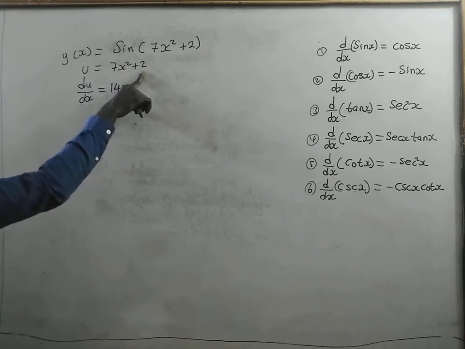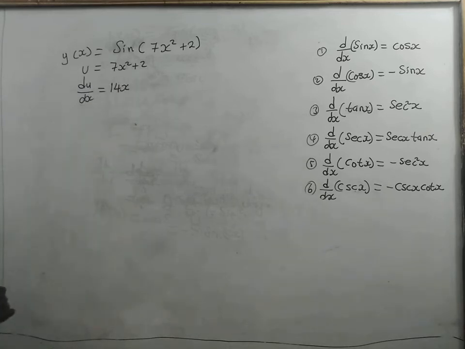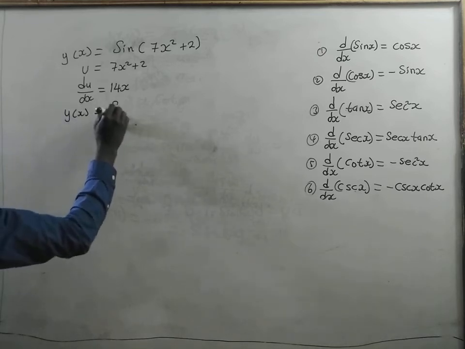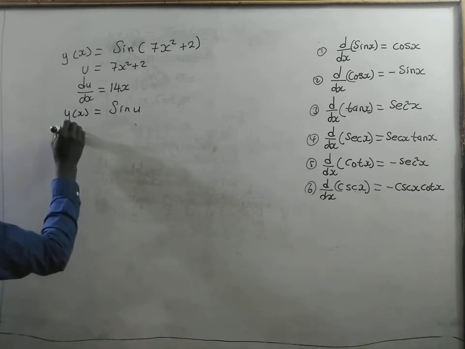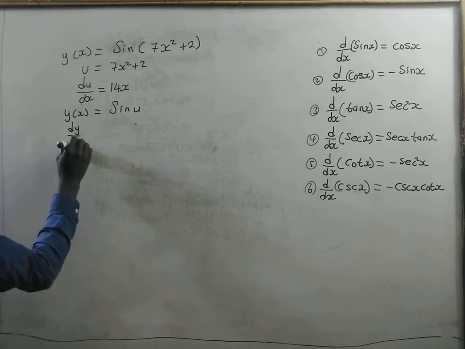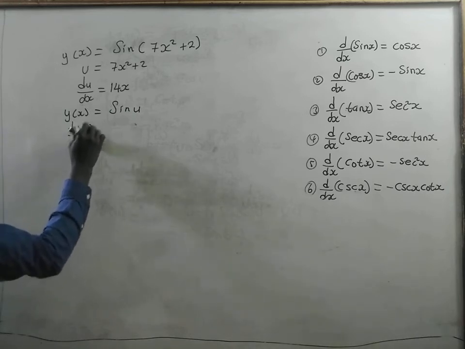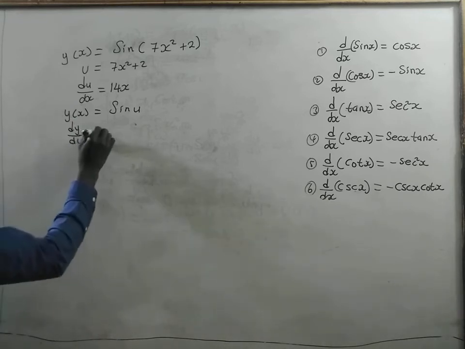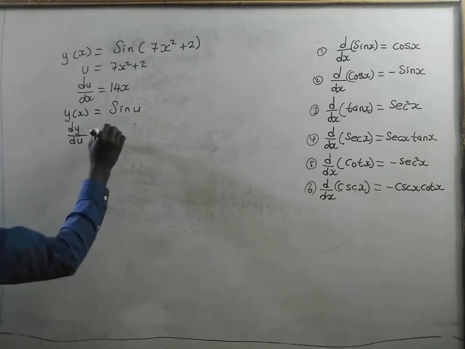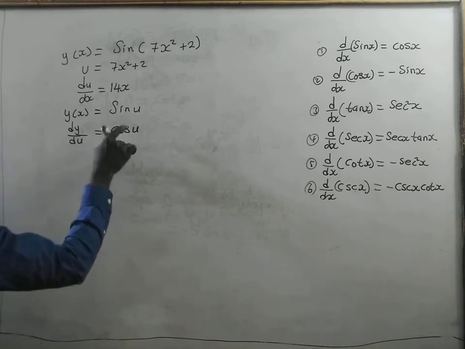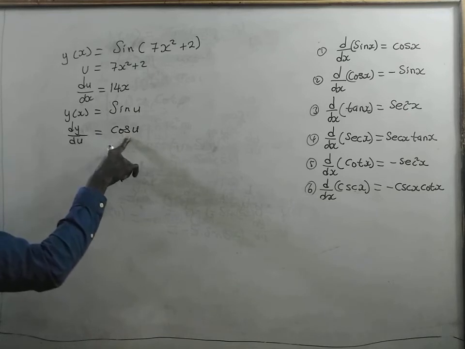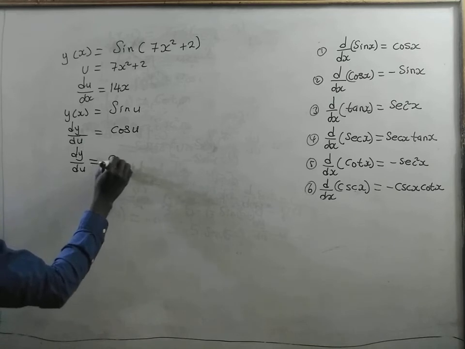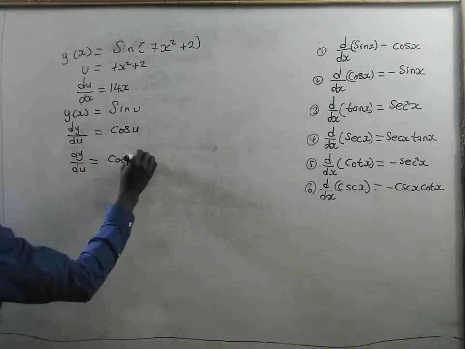If you differentiate plus 2, it's a constant, so you get 0. Now, this implies our y of x is equal to sine of u. So the derivative of y with respect to u. Here you can put the derivative of y of x with respect to u, or you can just take it as y with respect to u. Is equal to, if you differentiate sine u, you get cosine u. If you differentiate sine of the angle, you get cosine of the same angle.